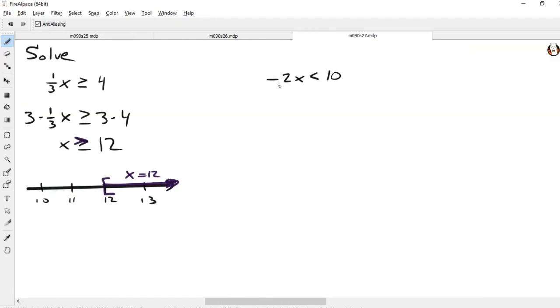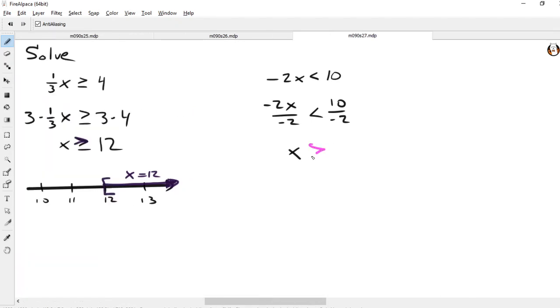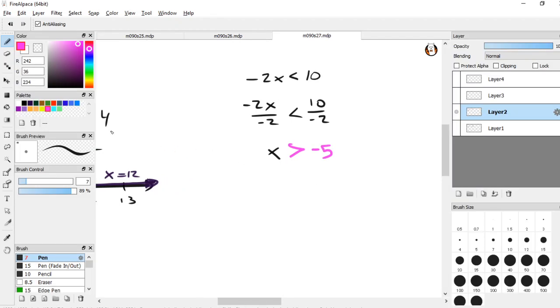For this next one, we have negative 2x is less than 10. I'm going to divide both sides of this by a negative 2. But when we do that, we've got to reverse the direction of this inequality. We get that x is greater than negative 5.